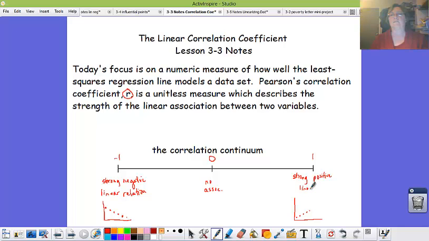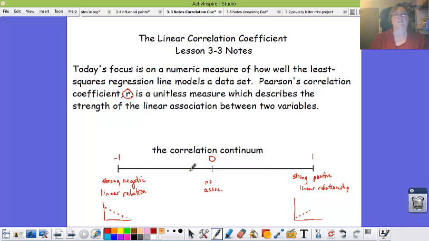Now, since we are on a continuum, there are obviously other values of r in between -1 and 0, 0 and 1. Strong relates to being at either end of the continuum. So something that was called like -0.7 might be called moderately strong.